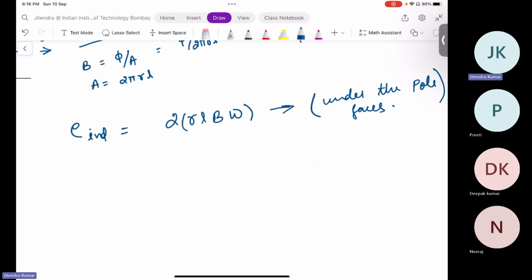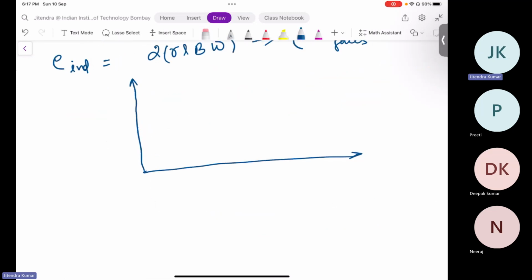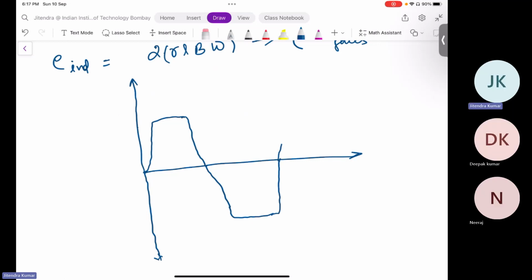So basically, if you see the EMF induced curve, it will be R L B omega, and then minus R L B omega.